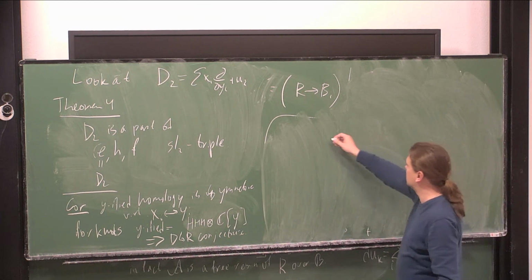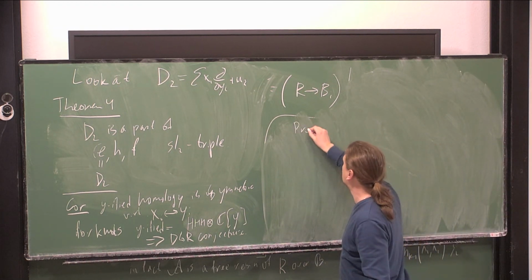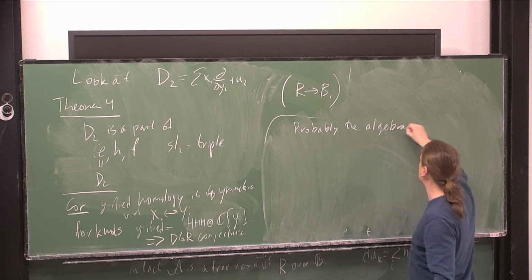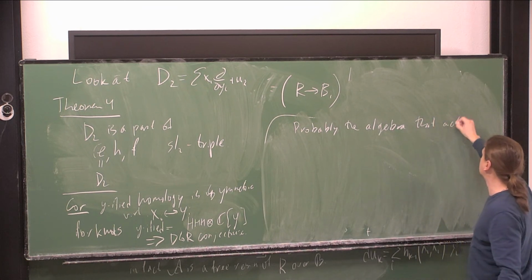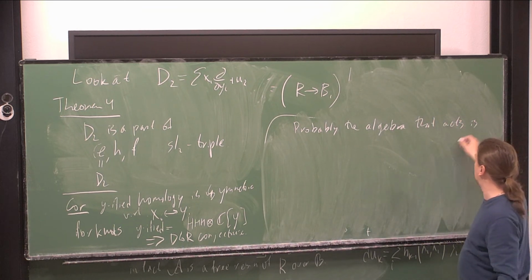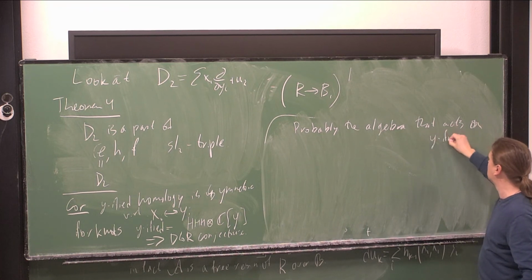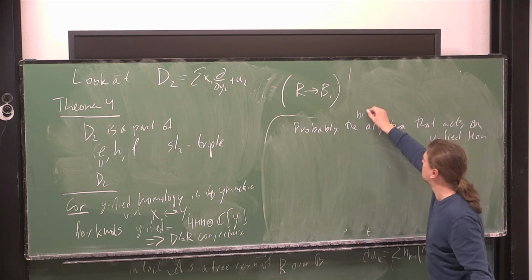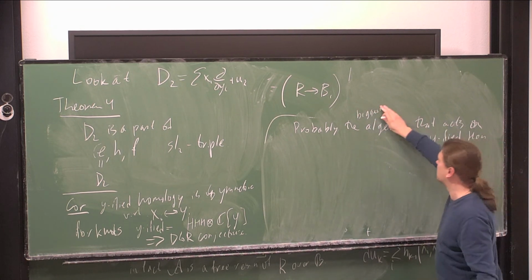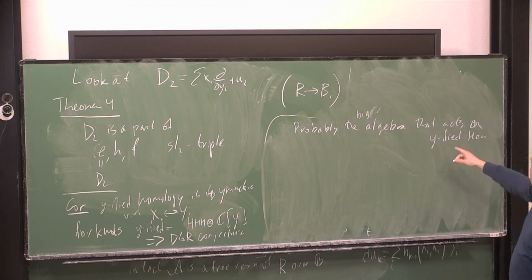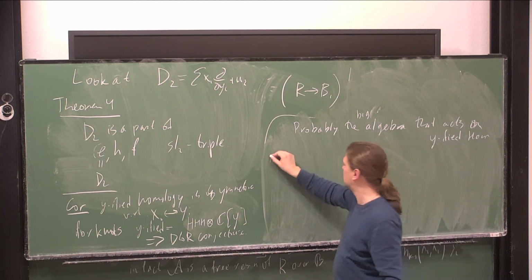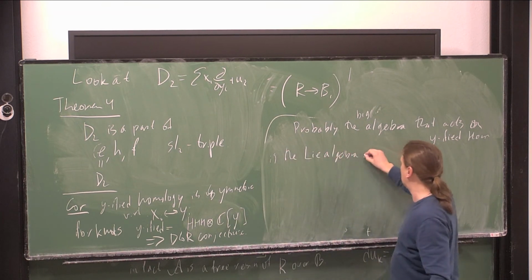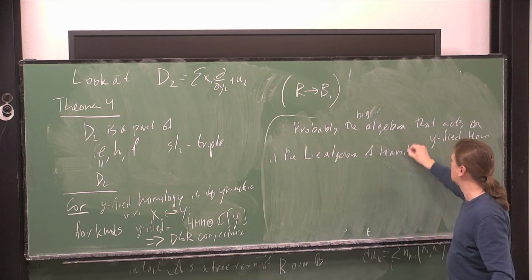The suggestion is probably the following: maybe there is a big algebra acting on the verified homology, the Lie algebra of Hamiltonian vector fields.